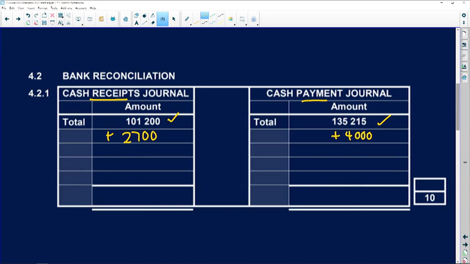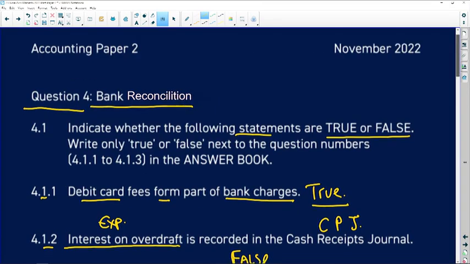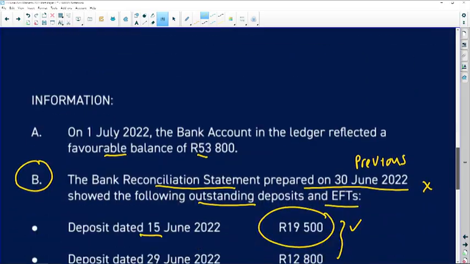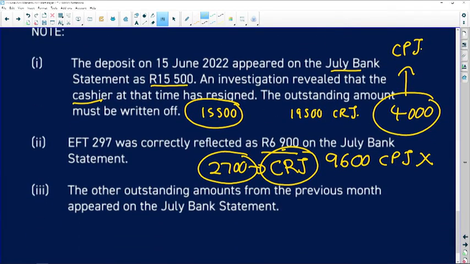Okay, right, next bit of info. Okay, so this amount sorted. Right, information 3, the other outstanding amounts from the previous month appear on the July bank statement.